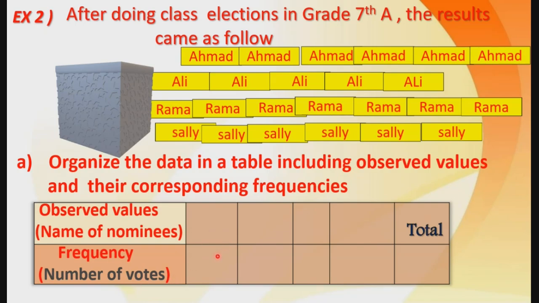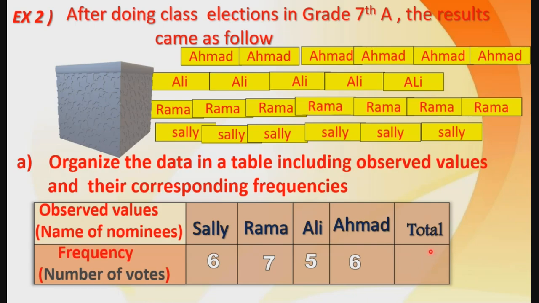Good. And what are the observed values here? The observed values here are Sally, Rama, Ali, and Ahmed. Good. And what are the frequencies? Sally takes 6 votes, and Rama takes 7 votes, and Ali takes 5 votes, and Ahmed takes 6 votes.